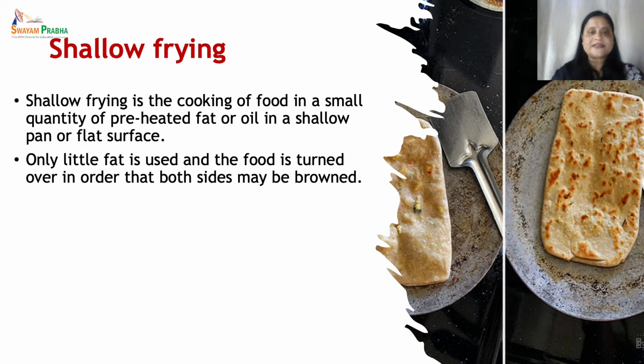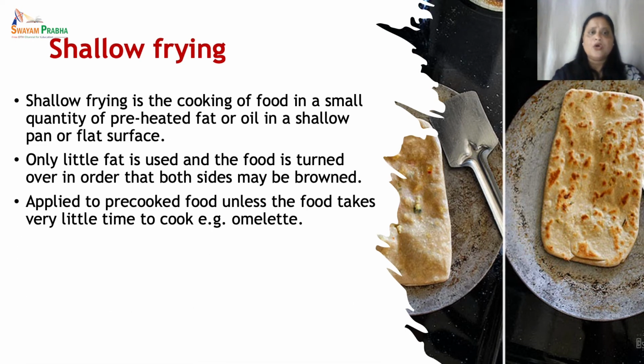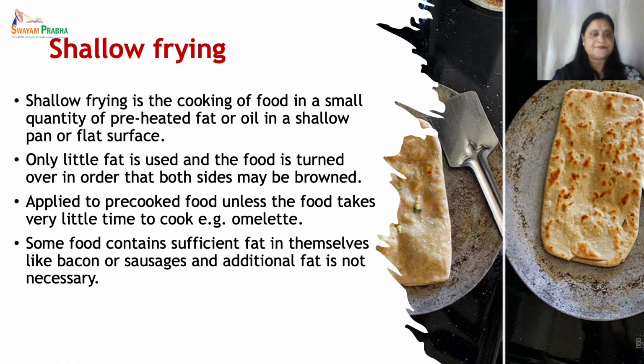Shallow frying is the cooking of food in a small quantity of preheated fat or oil in a shallow pan or flat surface. Only a little fat is used and the food is turned over so that both sides may be browned.